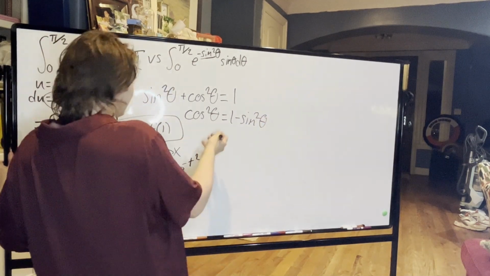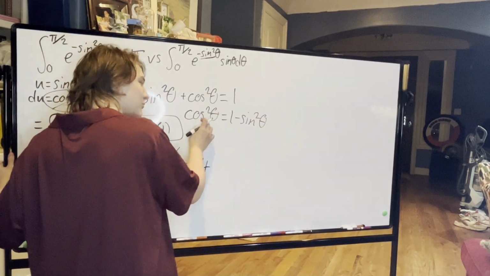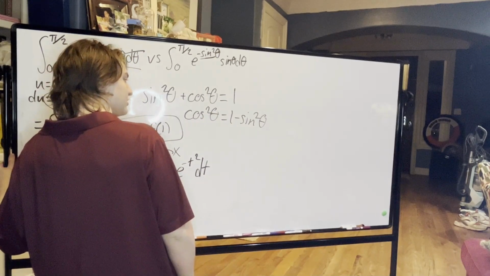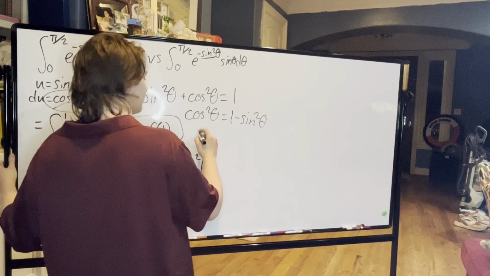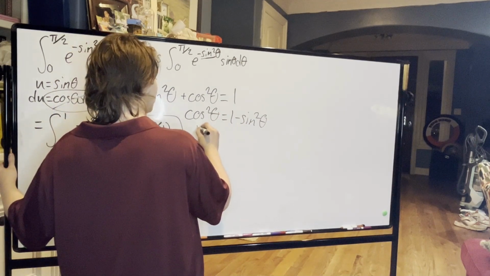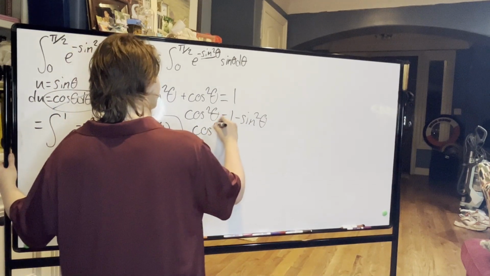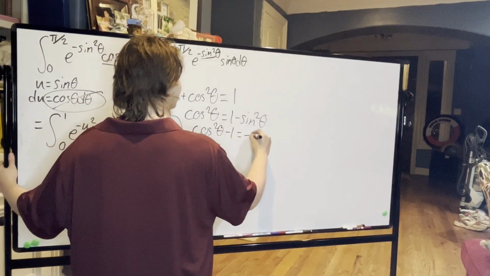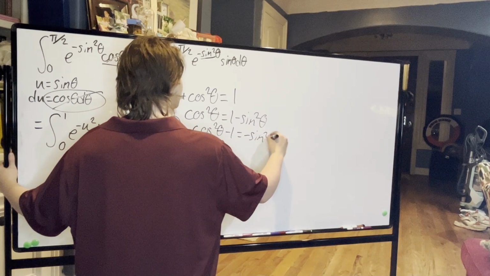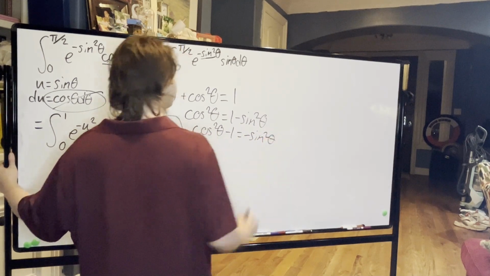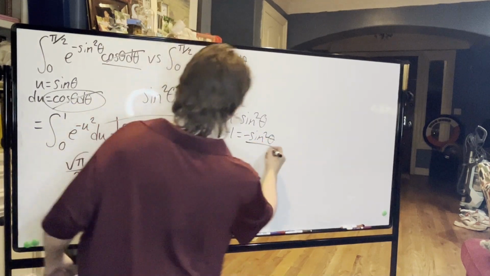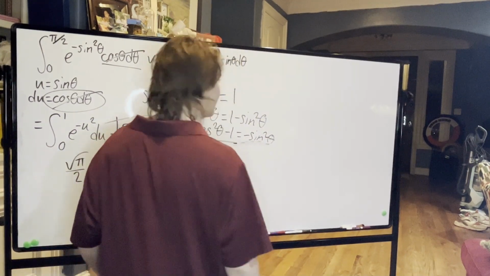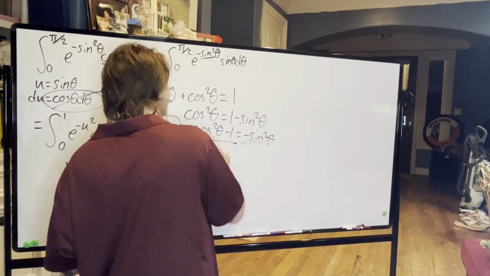I shouldn't even write this out, it's so basic. So we just subtract 1 from both sides of the equation, and we get cosine squared of theta minus 1 equals minus sine squared of theta. Here, just put this in. Substitution property. Put this inside of this.